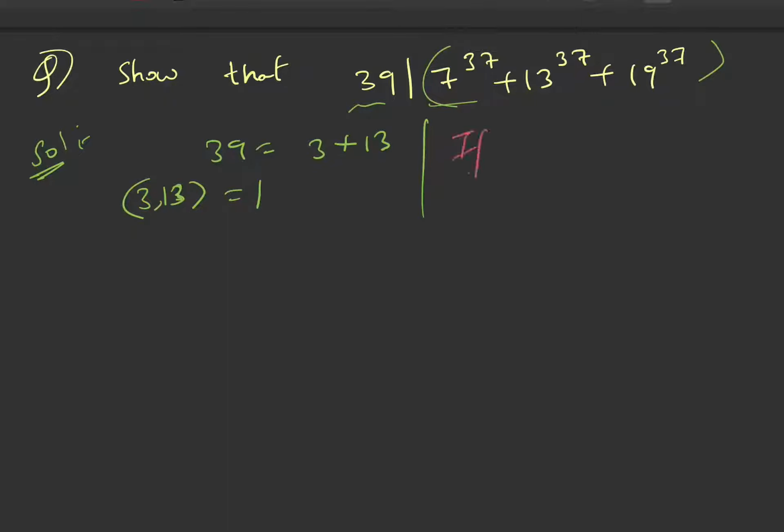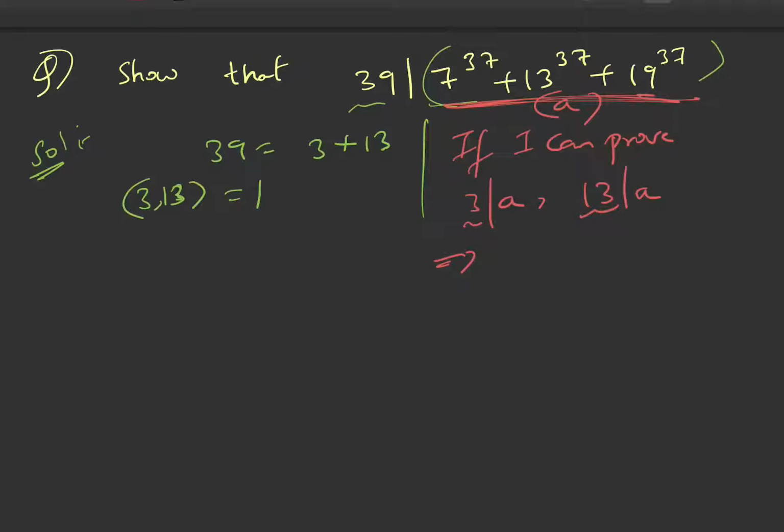So if I can prove that 3 divides this expression, which I am calling a, this entire number I am calling a, and if I can prove that 13 also divides a, then since the GCD of 3 and 13 is 1, we have studied this property, this means that 3 into 13, that is 39, will divide a, isn't it?